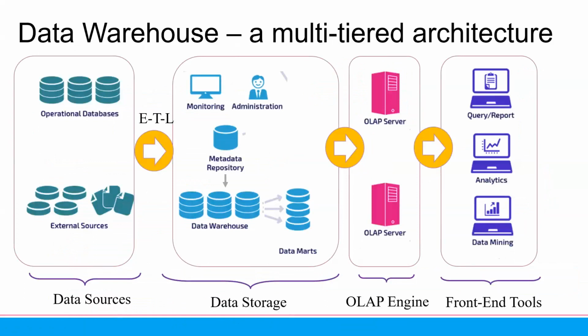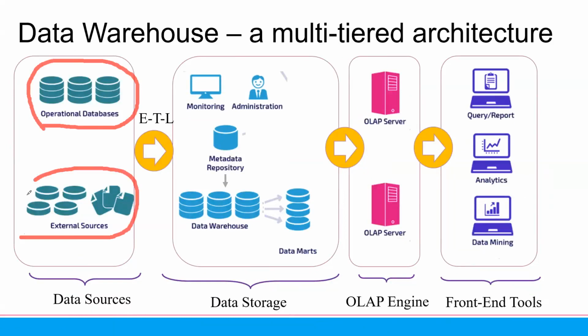The data warehouse itself is a kind of multi-tier architecture. You have the operational database, and sometimes you will also have external sources. These external sources can be anything. For example, you have a logistics company.